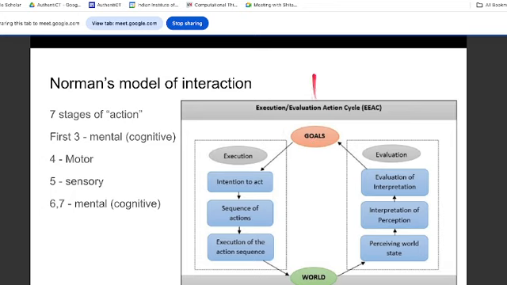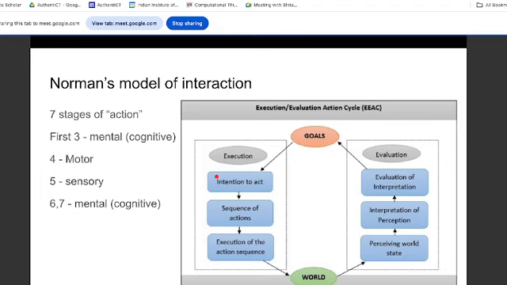So the first 3 stages, so let me take you through these stages so that it's easier to understand. When I enter, so you view this from this top, as a user. So when I enter a system or I want to perform some action with an application, I have certain goals with me. So I want to perform a certain action. Say for example, I want to open my phone, I want to send a message to my friend. So that is my goal. Open my phone and send a message to my friend.